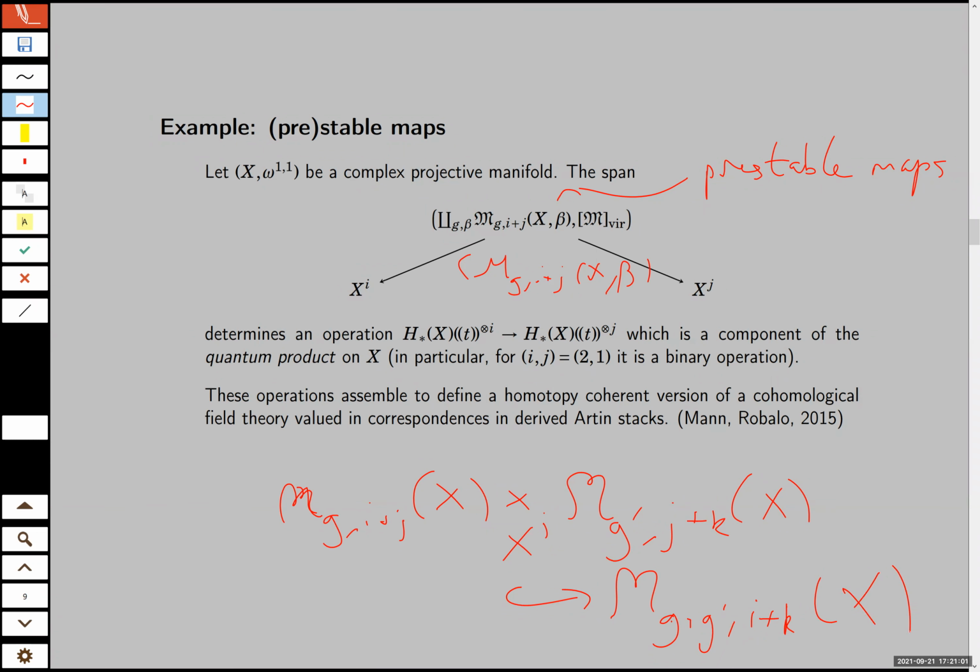Which means that I think I need to put -1 in here. This means that you get an actual algebraic structure.